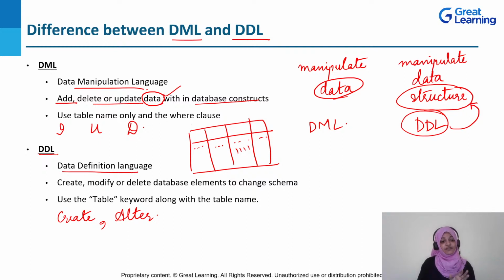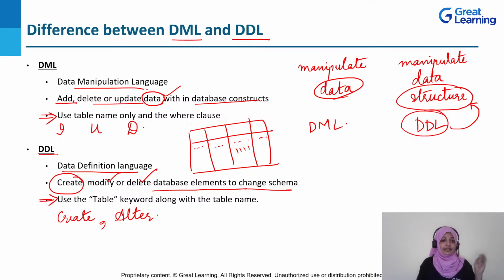It stands for data definition language, and it helps us to change the schema of all of the database elements. Now, when we say change the schema, we can create a new schema or we can modify or delete an existing schema.